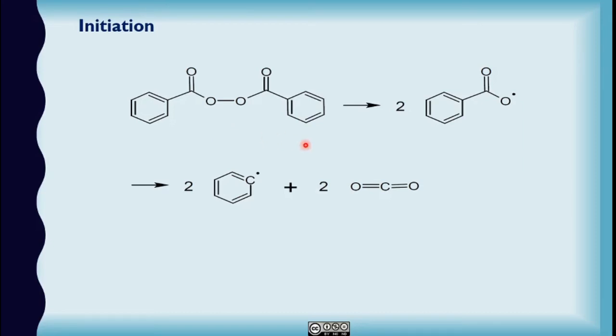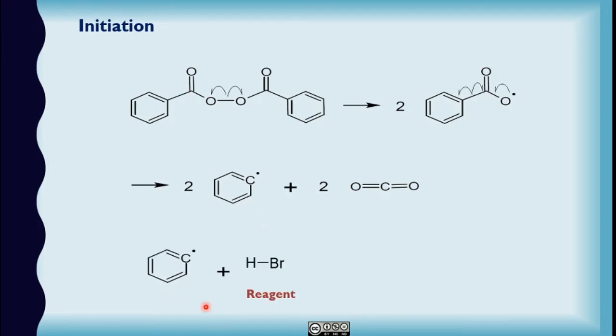Radical initiators are thermally labile, which decompose upon moderate heating or photolysis. So if you see here, this will undergo homolytic fission and it generates benzoate radicals. Now immediately this will undergo fission to give more stable carbon dioxide, and the radical formed here will be phenyl radical.